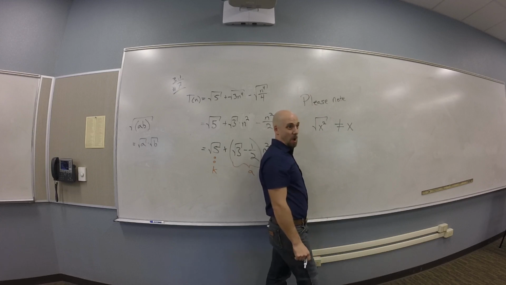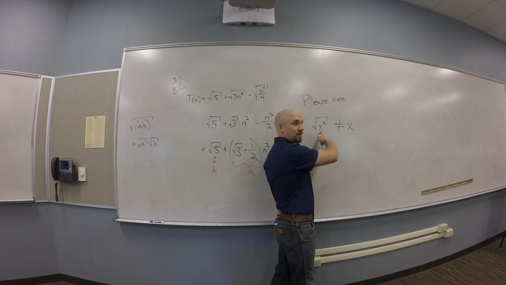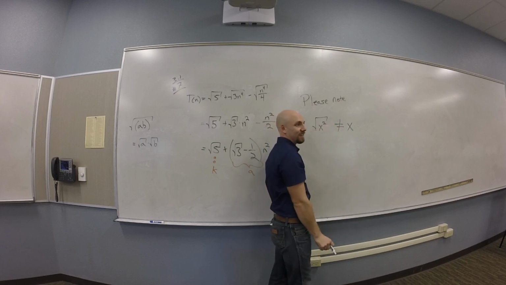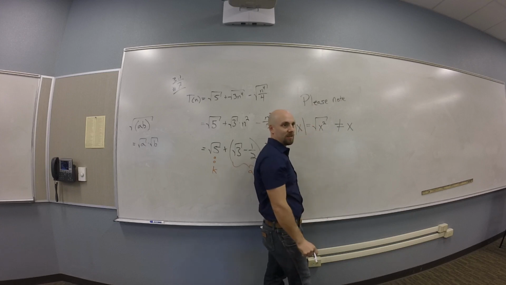Because if you plug a negative number into this thing, negative x, square it, you get a positive number, and then you square root it, you get back to the positive side. So this thing is actually the absolute value of x.